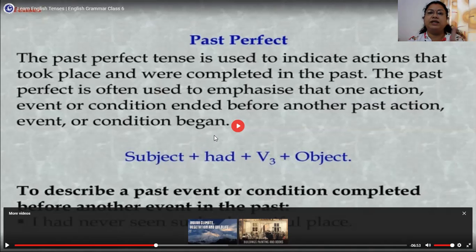The past perfect tense is used to indicate actions that took place, were completed in the past. The past perfect is often used to emphasize that one action, event or condition ended before another past action. Before a new action started, the first action had already completed. We know about it, we are confirmed about it, we are assured about it.